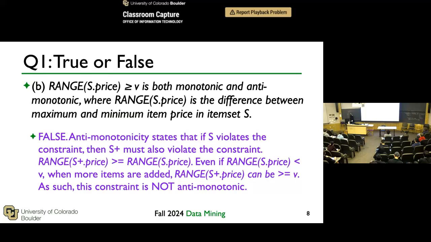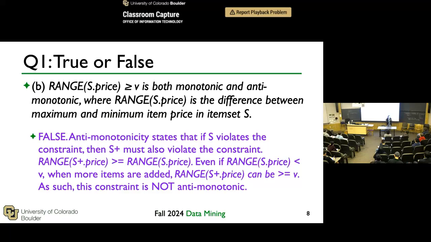We say the range of S, skipping the price part, is at most V. If my rule is at most V, this one is not monotonic, because if currently you're less than V, but my range can grow, later it may be bigger than V. So it doesn't satisfy the monotonic property.